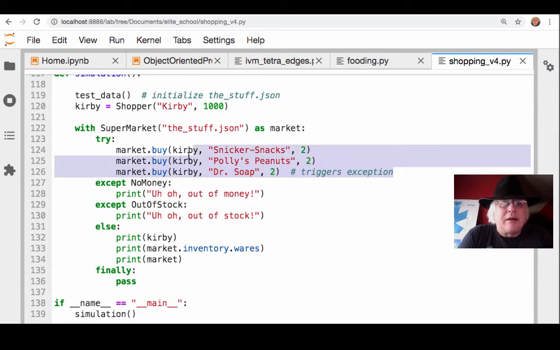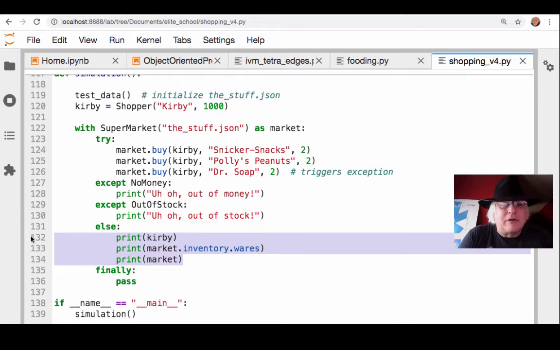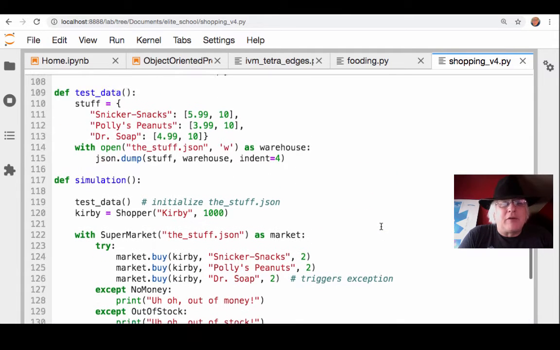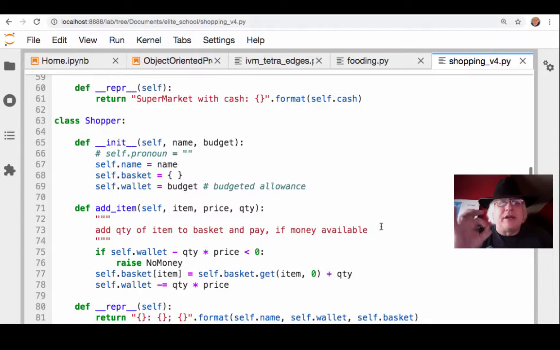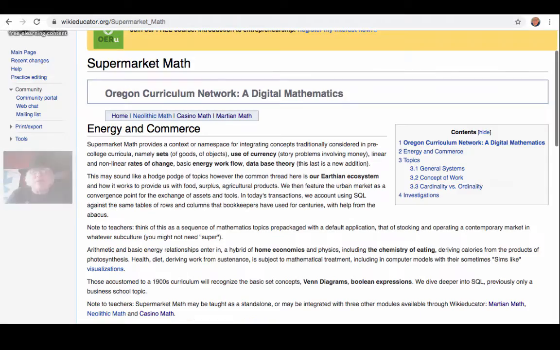I'm going to try buying a bunch of stuff, but an exception is going to get triggered. Perhaps a no money, perhaps an out of stock. And if nothing bad happens, or if things go smoothly, we'll be transferred into the else block, or else suite. So again, tell a story that's got cohesive power based on people's ordinary experience.